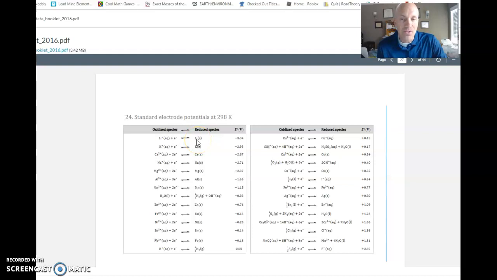If something very easily gets oxidized, that means it would actually be a reducing agent. So this is going to be your strongest reducing agent right here on this side. And by comparison, this would be your weakest reducing agent in this chart.